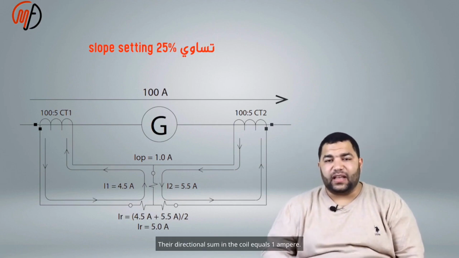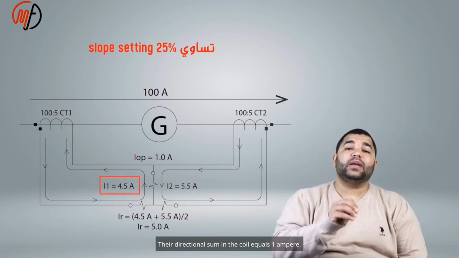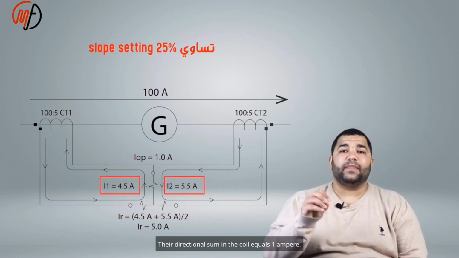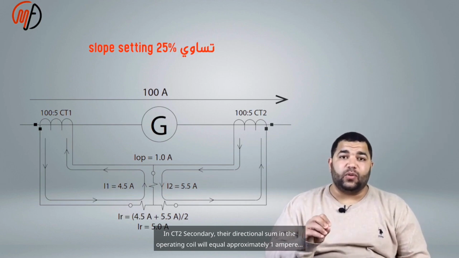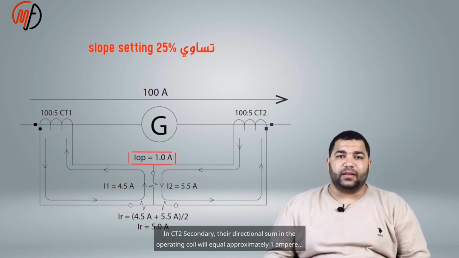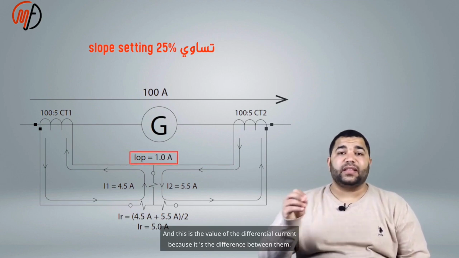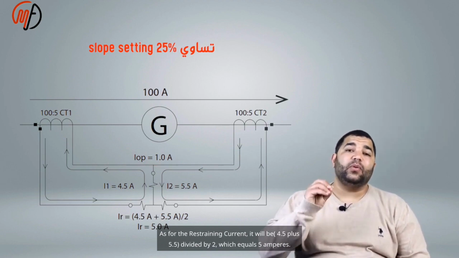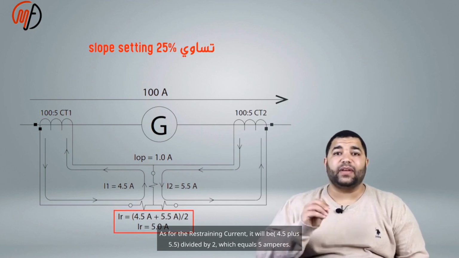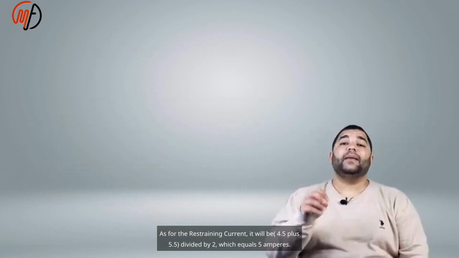Their directional sum in the coil equals 1 ampere. And this is the value of the differential current because it's the difference between them. As for the restraining current, it will be 4.5 plus 5.5 divided by 2, which equals 5 amperes.